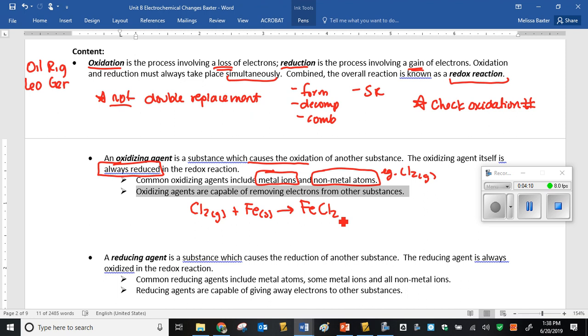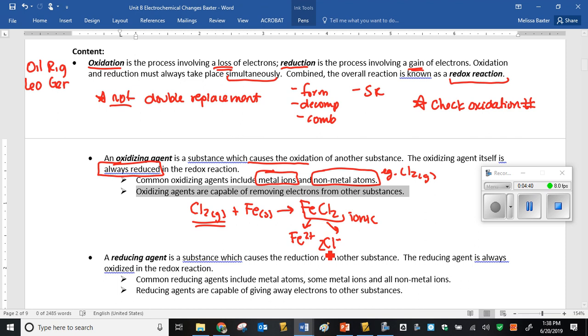So if you look, I start off with two different elements. One of them is a metal, one of them is a non-metal. The non-metal one should be the oxidizing agent because it should gain electrons to become an ion. Anytime you have an ionic compound, remember that you need to think about it as though it were the two ions that made it up so that you can really see what happened to the electrons.